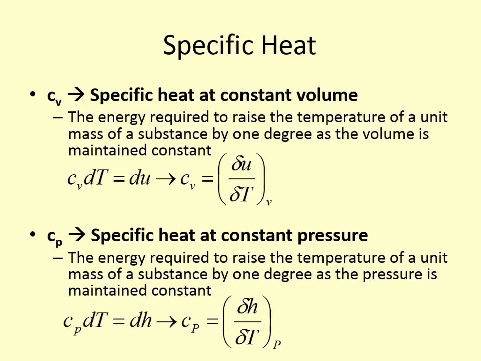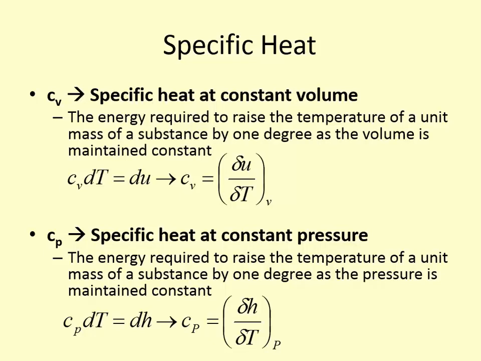So for a process at a constant volume, we use the specific heat at constant volume, or C sub V. And for a process that occurs at constant pressure, we have a specific heat at constant pressure, which gives us delta H. Okay, so delta H is larger than delta U because we have this additional pressure term that accounts for the energy required to expand the substance. Here we're constrained, we're not expanding, we're just adding heat and changing the internal energy. Here we're changing the internal energy and we are expanding the substance.